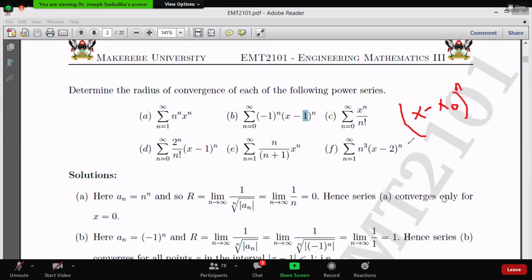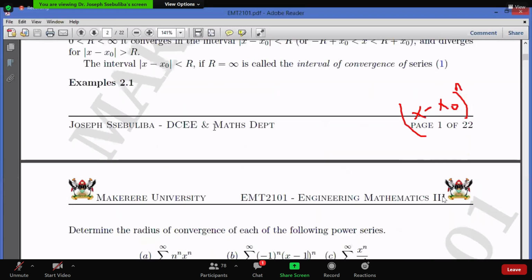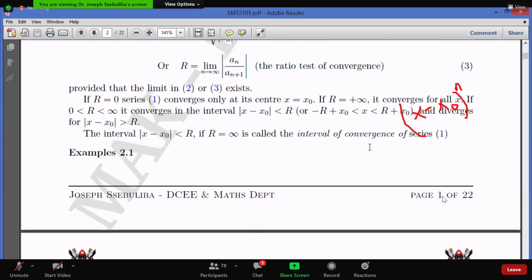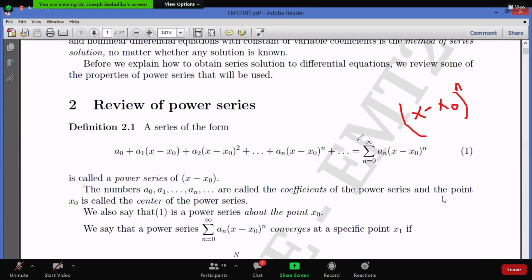If you remember our definition. Of course, I've not written the whole thing. I'm interested in this part, but just in case you are still trying to catch up with what I am doing, I am referring to this right here.